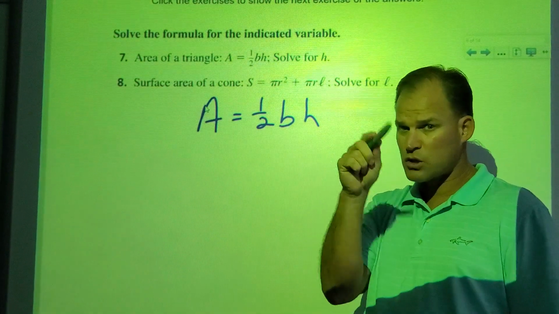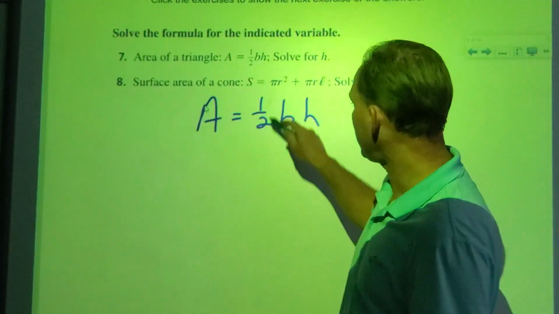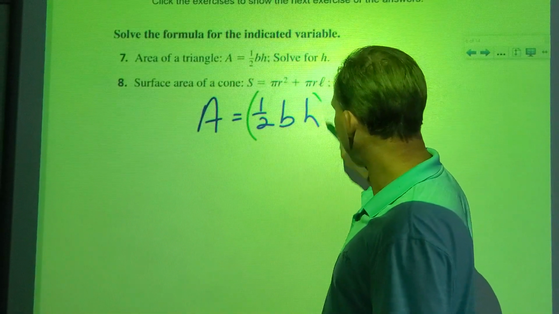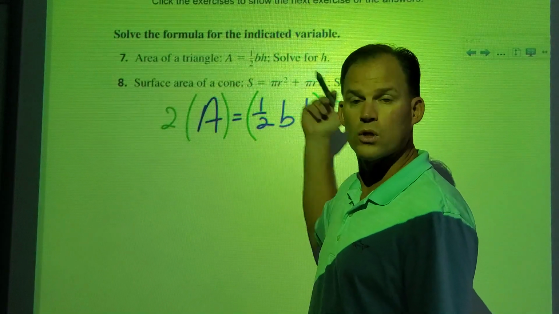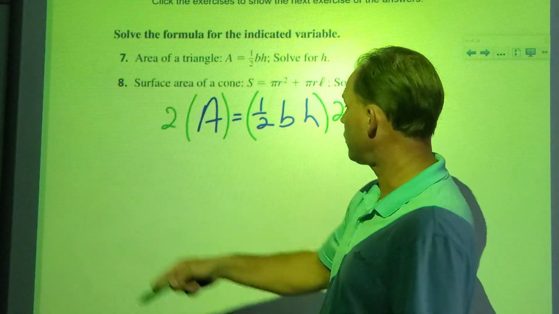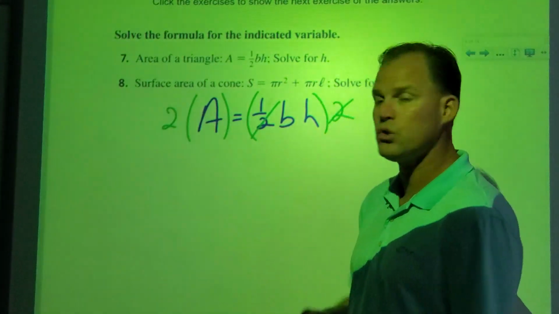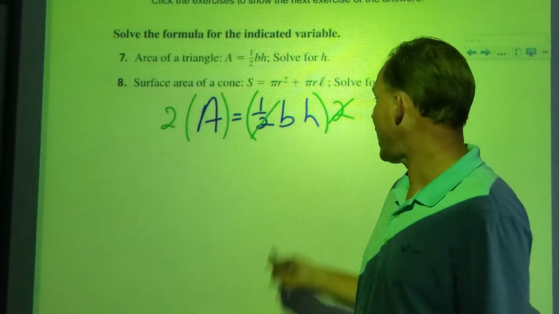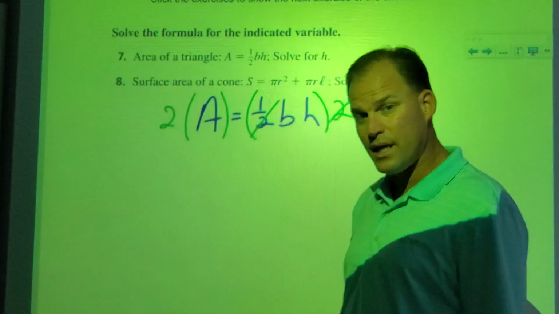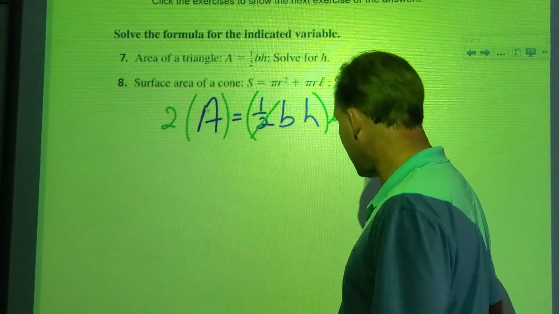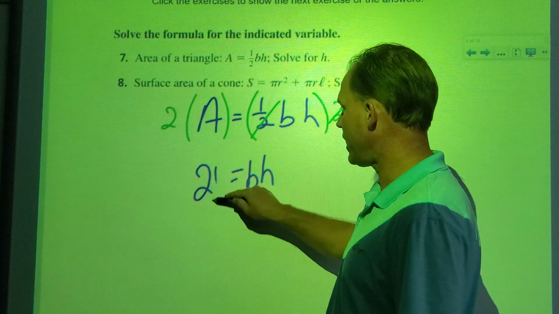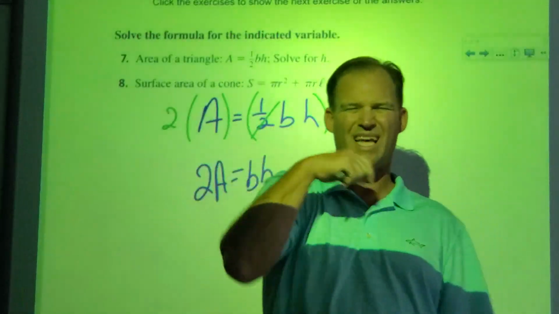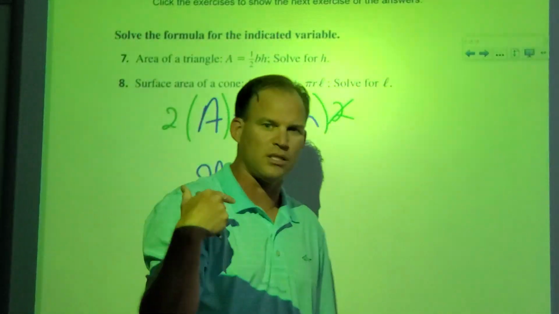Or, a smarter way to handle this 1/2: multiply everything by 2, and of course whatever I do to one side, I do to the other. 1/2 times 2 is 1, so now I have a plain bh on this side of the equation, and I have 2A. Then I don't have to do an ugly divide by a fraction.